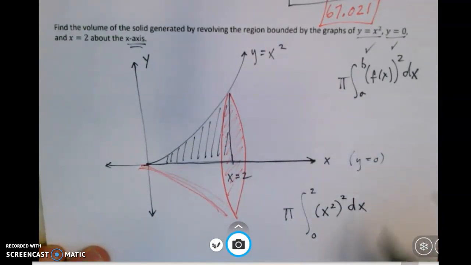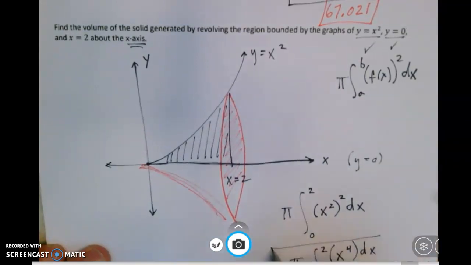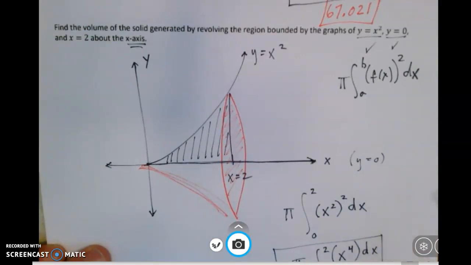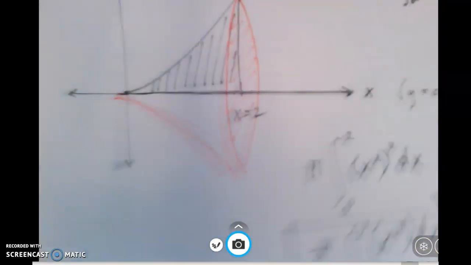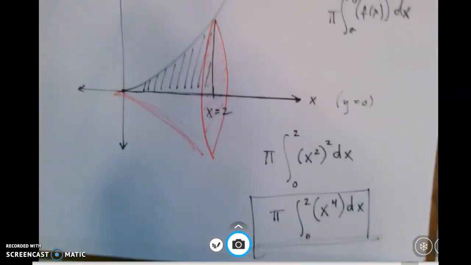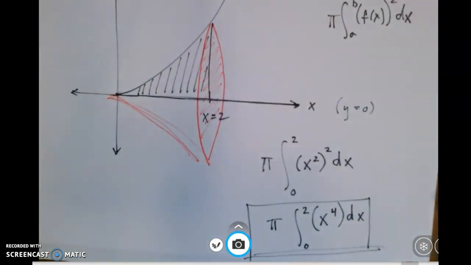Don't get all confused about that. So therefore, this becomes pi integral 0 to 2 of x to the 4th dx. I'm going to do this just like before in my calculator, and I'll let you work that out. All right? That's my true solution, and it's simple enough for me to calculate.